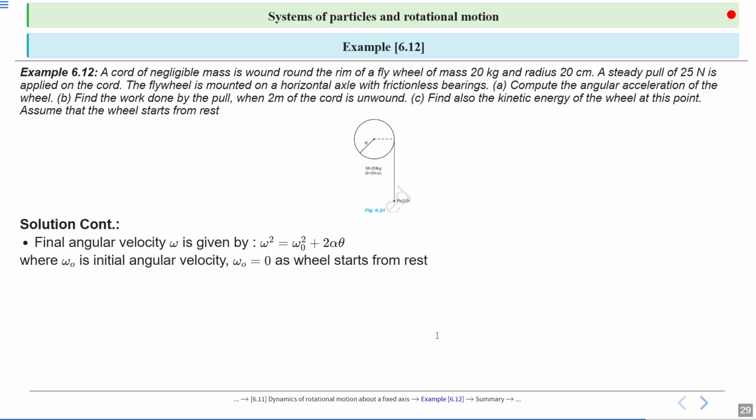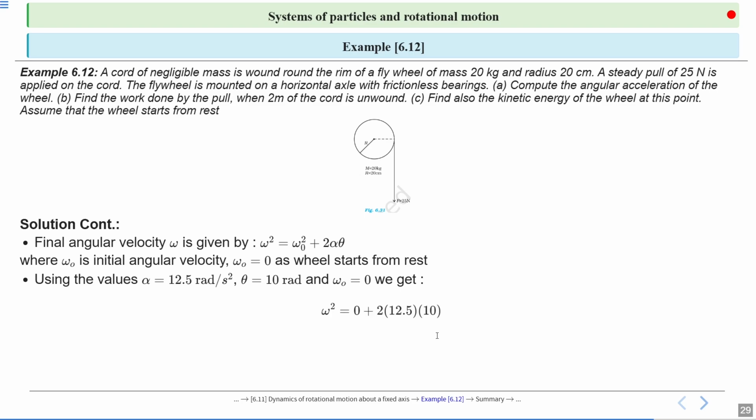But in rotational motion, omega square is equal to omega naught square plus 2 alpha theta, where omega naught is the initial angular velocity, that is 0 as the wheel starts from rest. This is given in the question. So put all the values in the final angular velocity formula and you will get the answer.